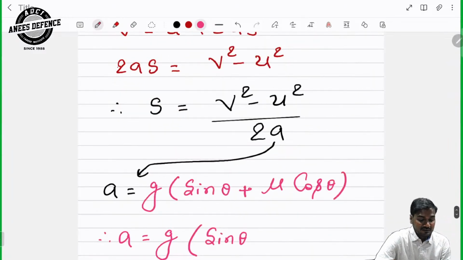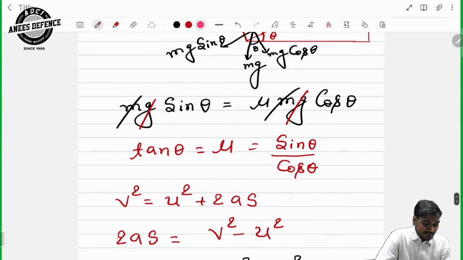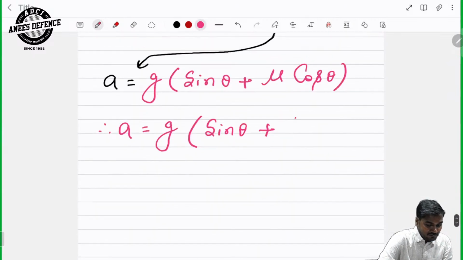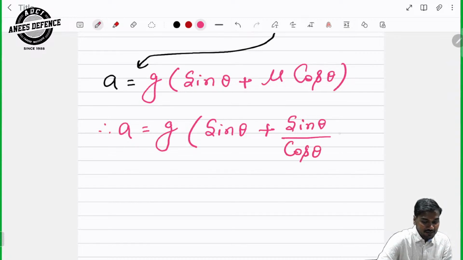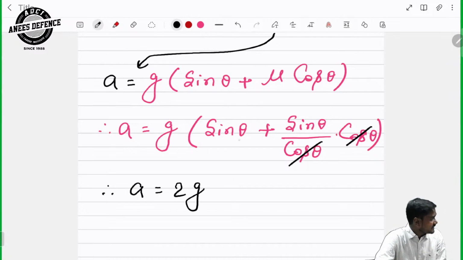Mu is tan theta, which is sin theta by cos theta. Cos theta cancels, and we get sin theta plus sin theta, 2 sin theta. Hence acceleration is equal to 2g sin theta.